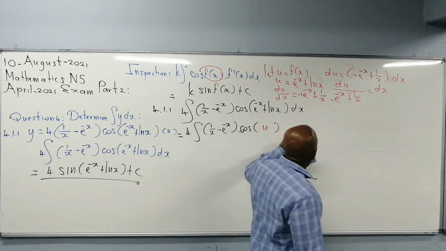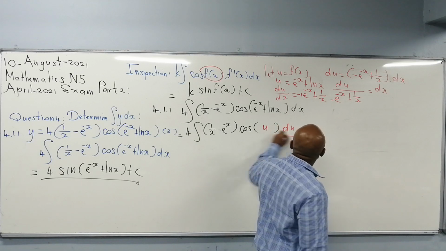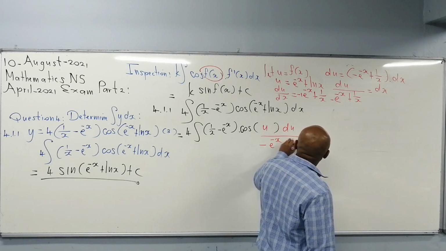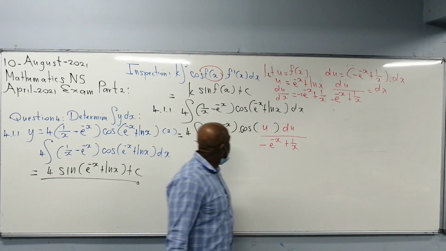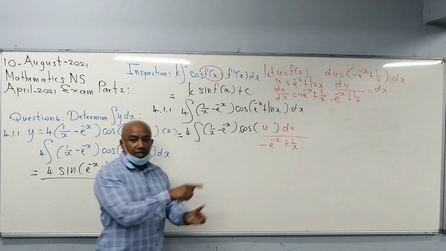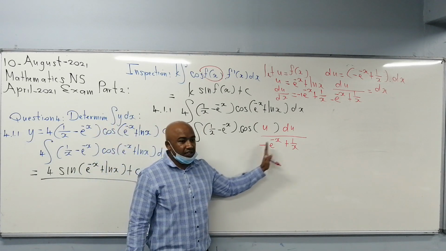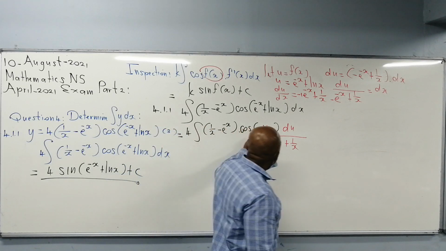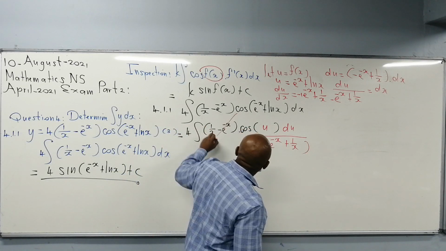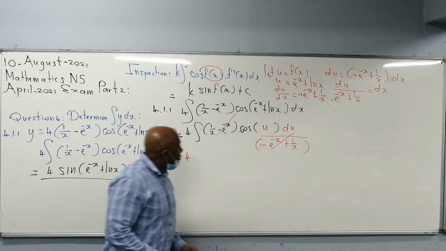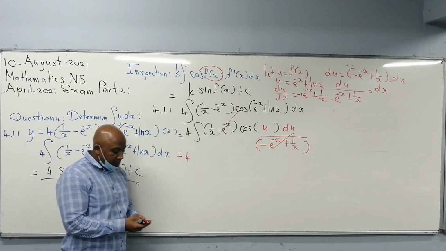What happens here? dx is equal to du all divided by minus e to the power minus x plus 1 over x. Now you can see that these two are the same. It's just that this term is written first and that is second. But the fact is, they are identical. So they will cancel. Now you can see that it cancels.